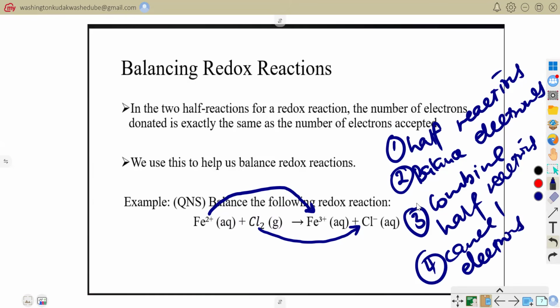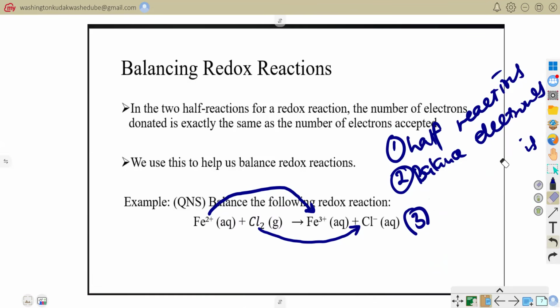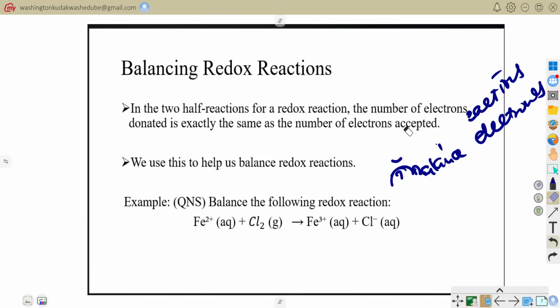So we cancel them and write our final balanced redox reaction. These are the steps that we follow. So let's look at these steps using the example that we are given here.